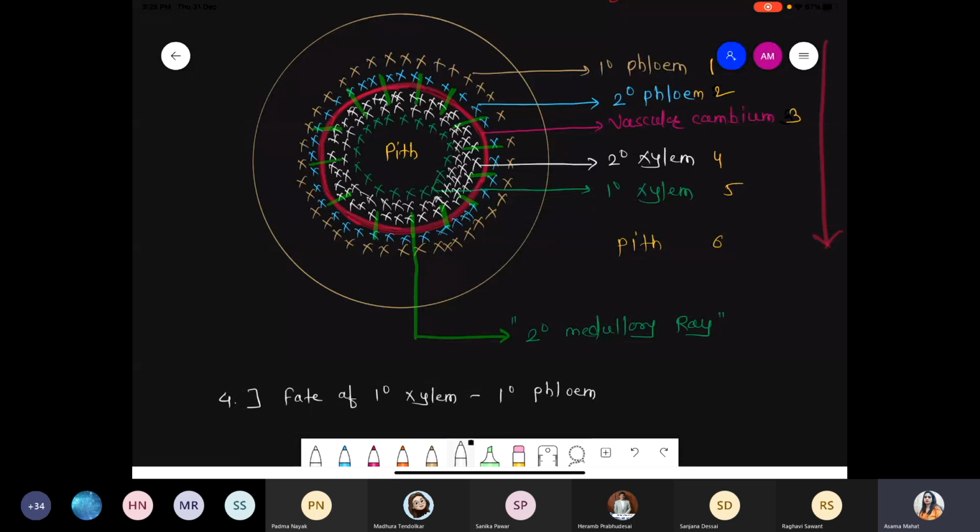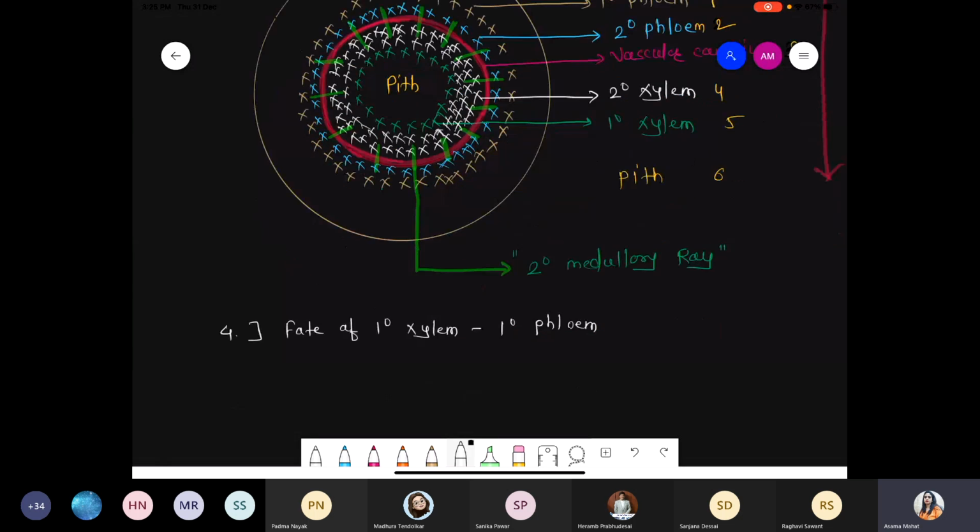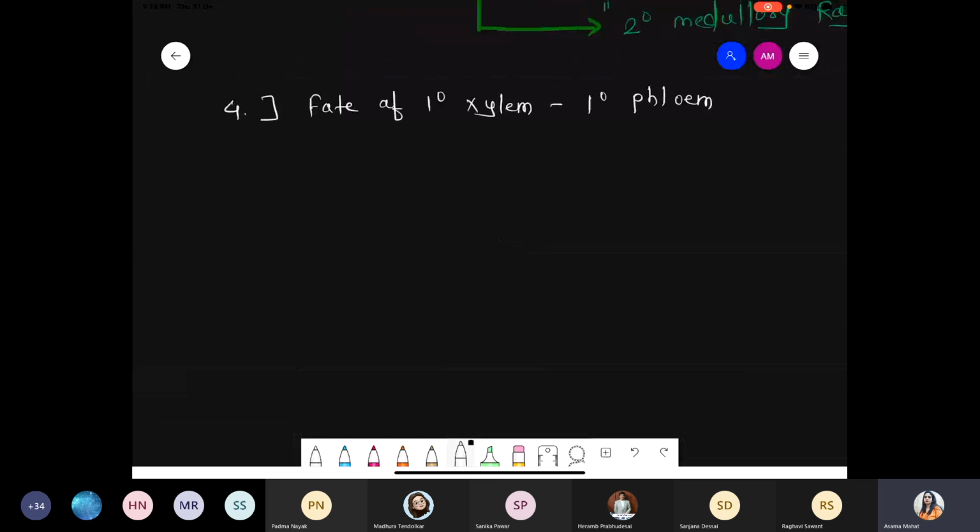Slowly, primary phloem and primary xylem get crushed due to activity of the secondary xylem and the secondary phloem. So as the expansion happens toward the outer and inner side, primary phloem gets crushed, and even primary xylem gets crushed.